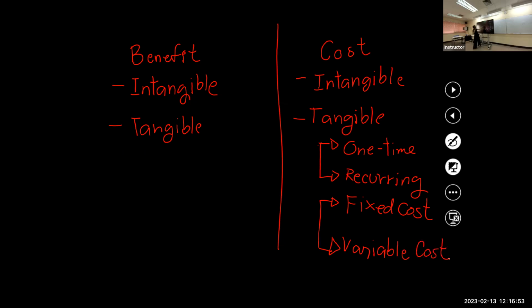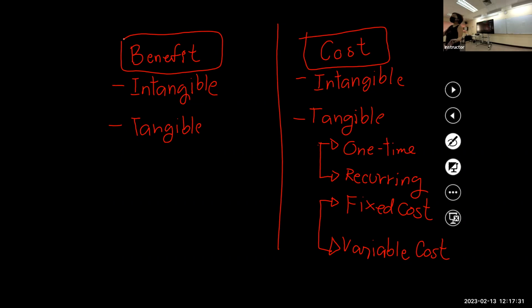So for every type of cost, you should be able to categorize properly, right? For benefits, usually it's similar. You can think about the benefit as one-time, recurring, fixed or variable benefit as well. But most of the time they are recurring, such as benefits where you reduce employees. So it is reduced every month. You can reduce 2 staff for the whole year.